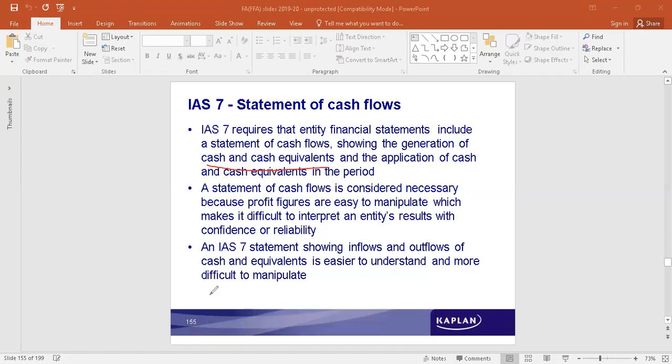So marketable securities are also cash equivalents. So there are three items as cash and cash equivalents: cash in hand, cash at bank, marketable securities. So the IAS 7 statement showing inflows and outflows of cash and cash equivalents is easier to understand and more difficult to manipulate. For that reason, a cash flow statement is prepared.